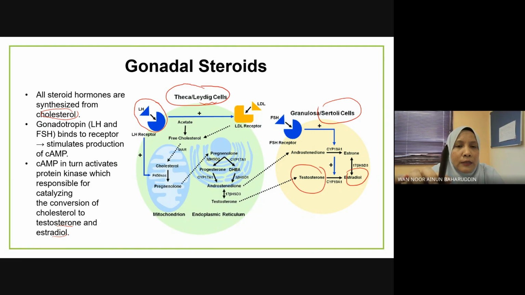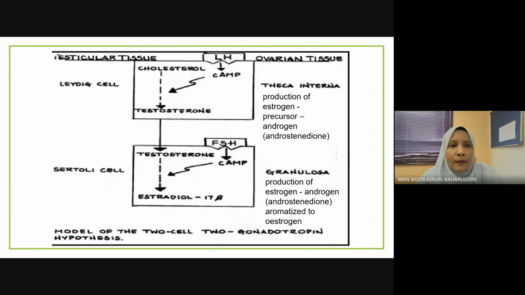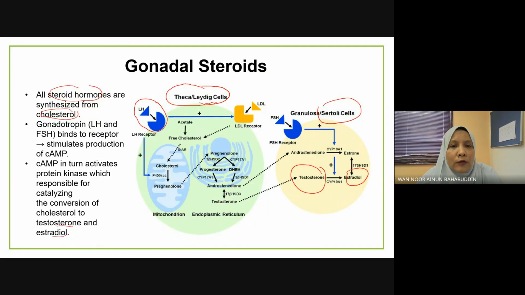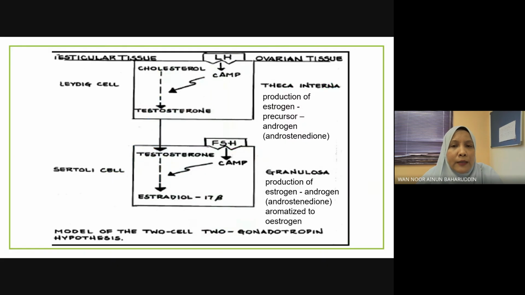It is starting from the steroid hormone. Theca cells inside the female are the producing factors or precursor for the androgen androstenedione.